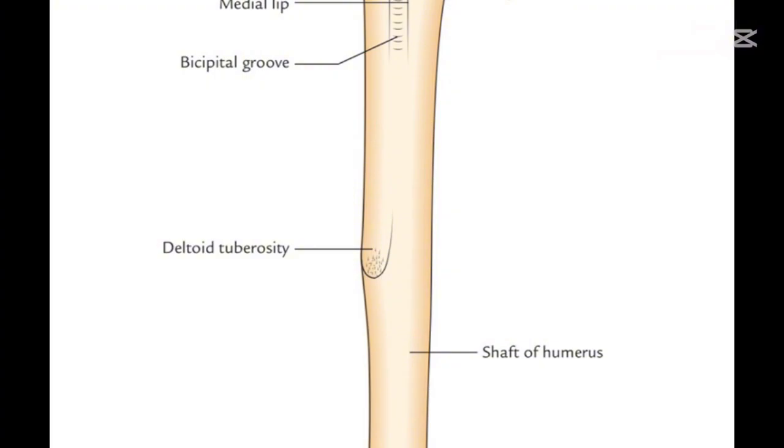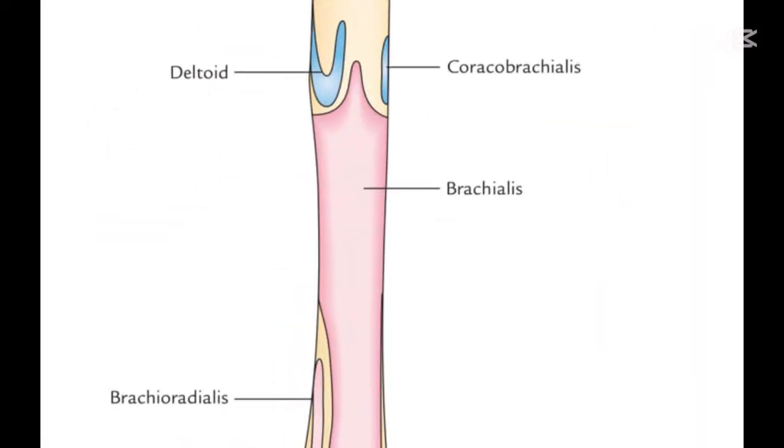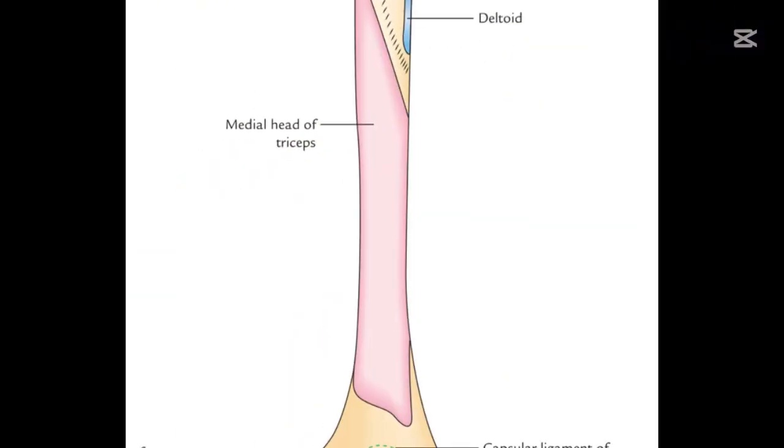You get it now? Also in the posterior part, just about that radial groove, you can see where the origination of the brachialis muscle is. There are so many things. The brachialis muscle is originating there. Also the medial and lateral parts of the triceps are originating from there too, just in the radial groove.